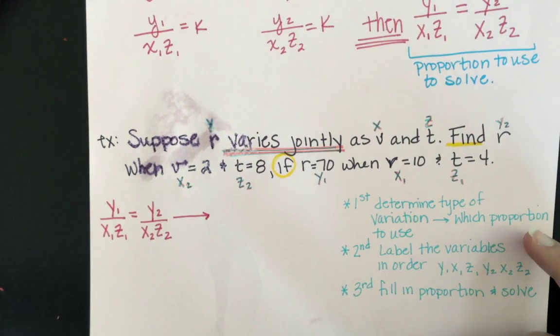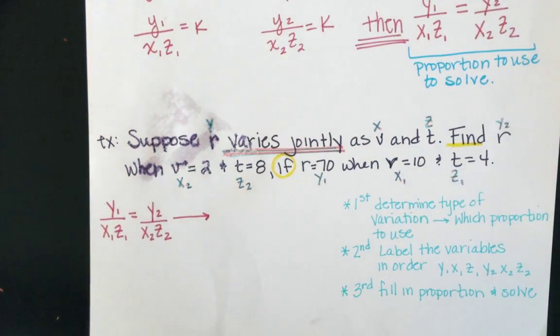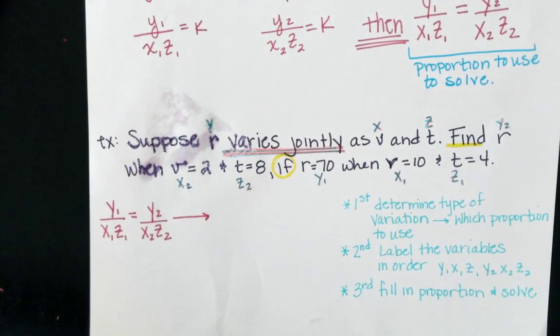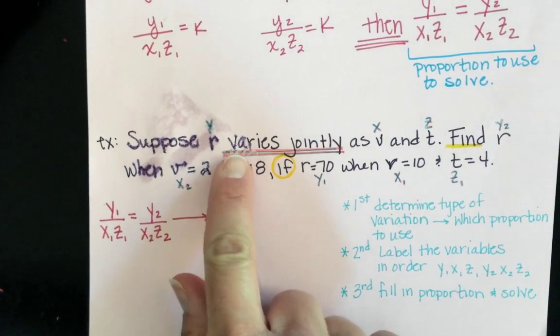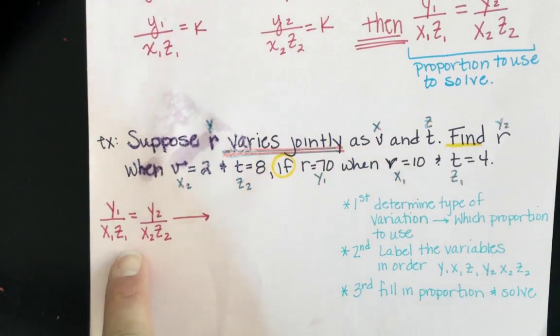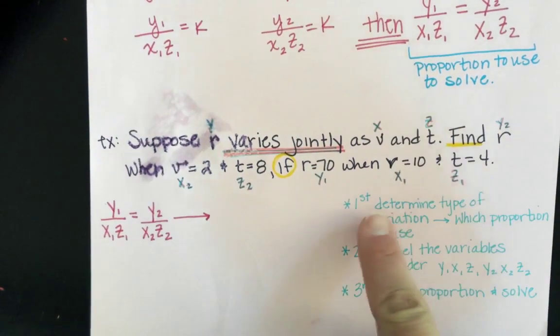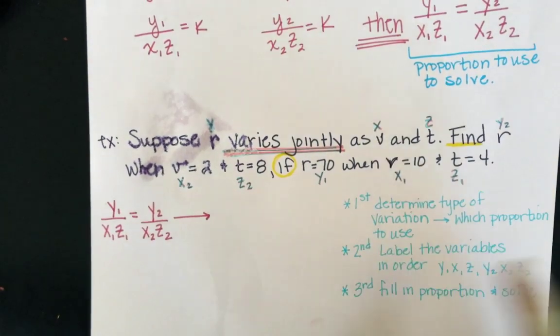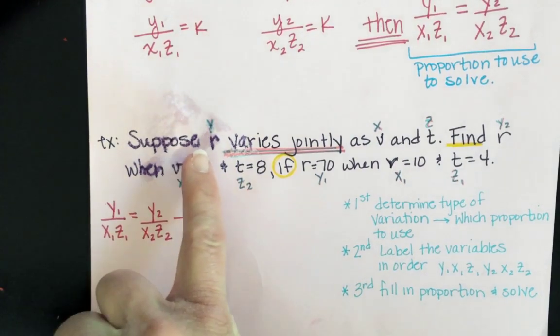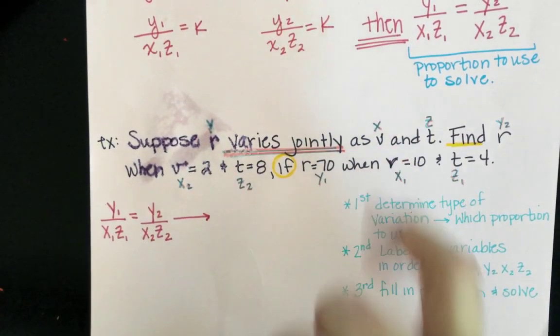You are going to first determine which variation we want to use. So you can see already that I've identified that we're using our joint variation formula. So I wrote that down first. So step one, that's done. Then we have to label everything, and this time we have a y, an x, and a z. So in this problem, we talk about r, v, and t.